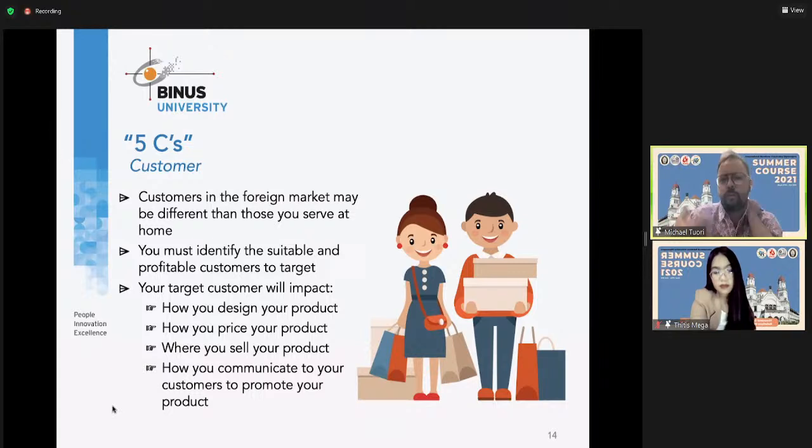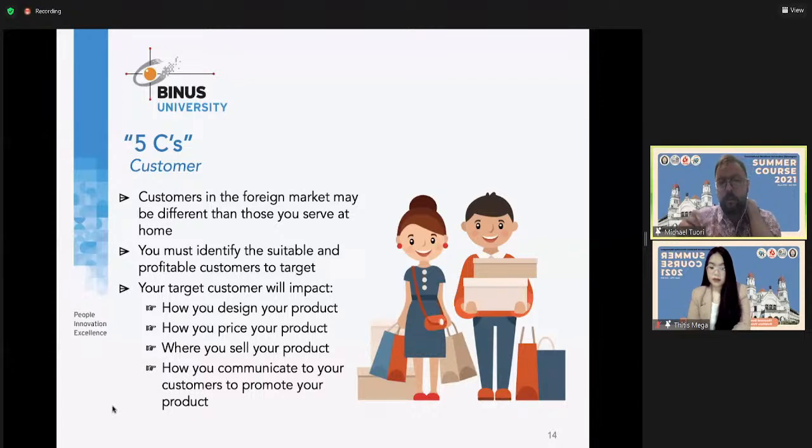So even if we choose the same segment that we have in Indonesia, like students, maybe students in Singapore have very different habits and needs than students in Indonesia. So we want to think about the behavior of those customers and use it to influence our product. Maybe we make some changes to our product.